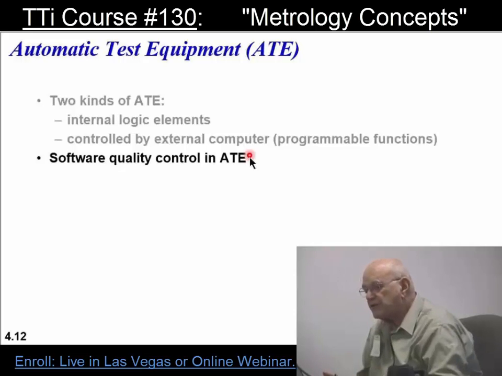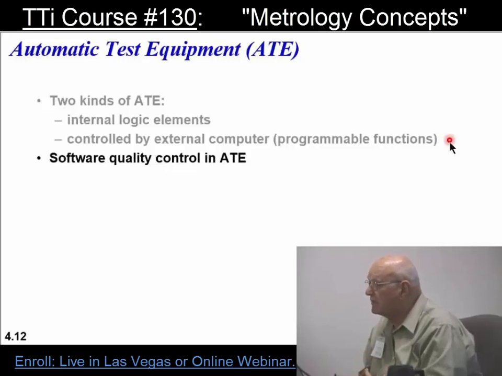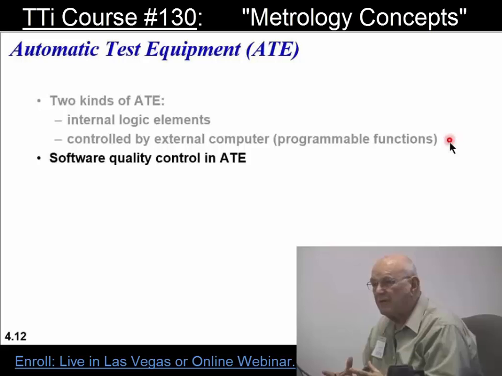Then the problem with this, though, is the software quality control. It's very important. That's the sequence of instructions that you actually are running. They should be checked. They should be validated. This is one of the problems with a lot of people running Excel and other things like this. They'll write a program, do a job, and it's never been tested.